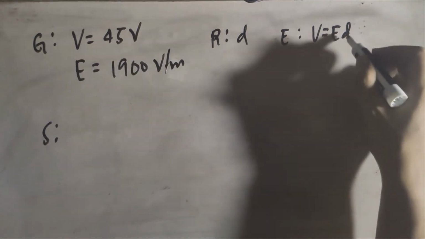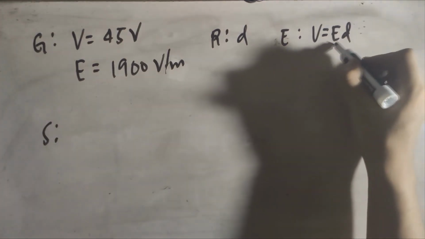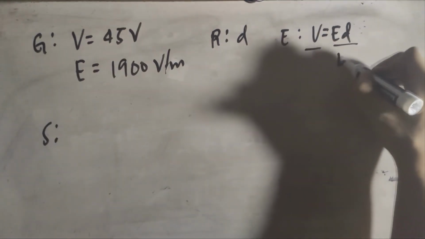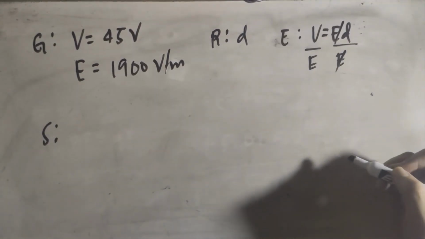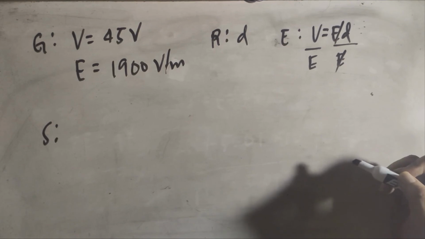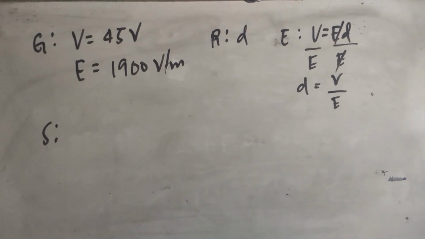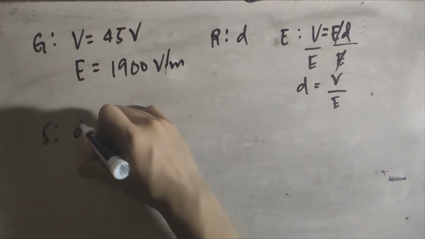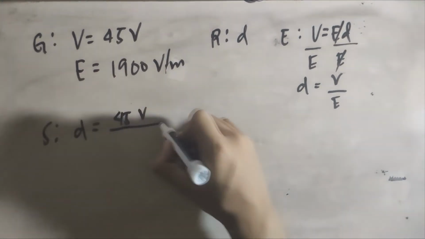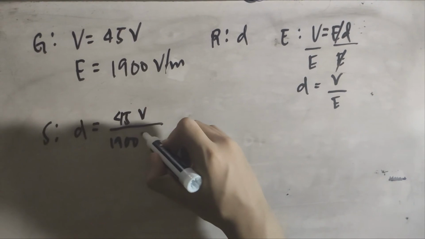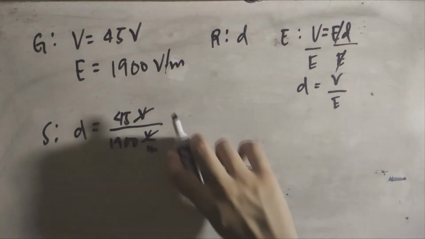Before solving, let's derive first. What we need is distance, so divide both sides by E. That would cancel E on the right side, so D is equal to V over E. Now you can substitute the values. D is equal to 45 volts divided by 1900 volts per meter, so cancel the voltage, then reciprocate this one.